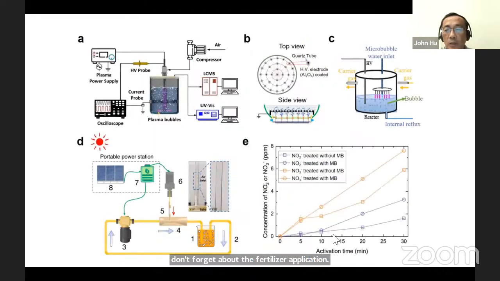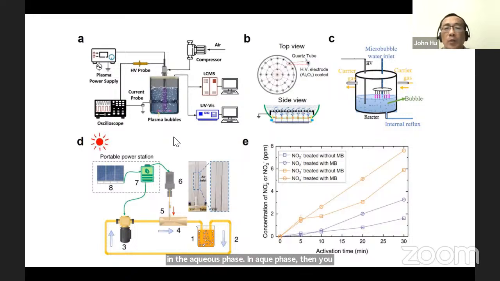All right, so the cartoon really tells you the different scenarios, how you use ammonia and how you generate ammonia. The key here is there are different ways to do ammonia synthesis. A lot of people try the so-called bubbling, which means you have plasma generation in the aqueous phase, and then you react.